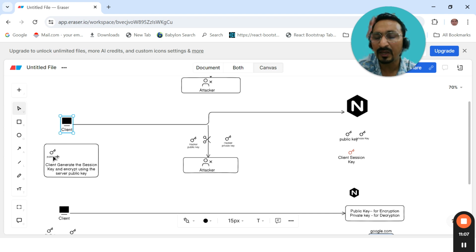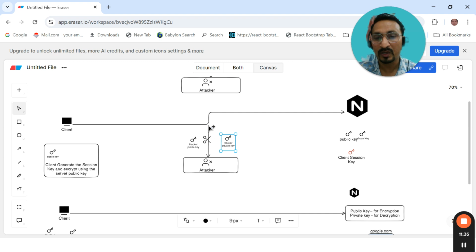Now the client will use this public key, thinking it is the server's, to encrypt its secret key and transmit it over the network. Since this data is encrypted using the hacker's public key, the hacker will be able to decrypt this data.